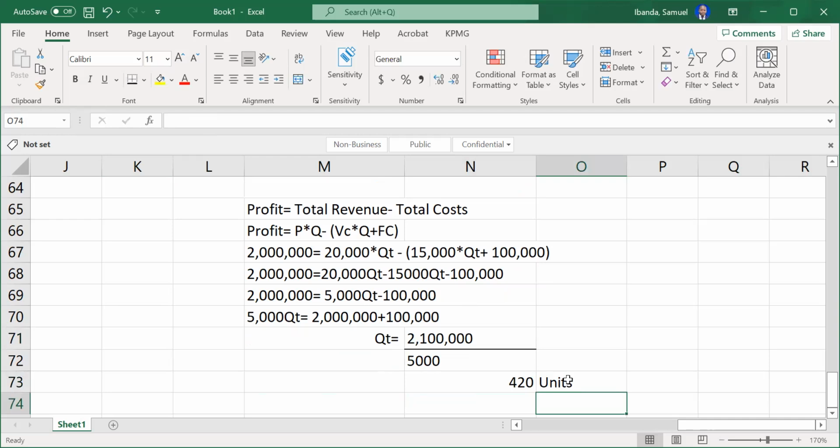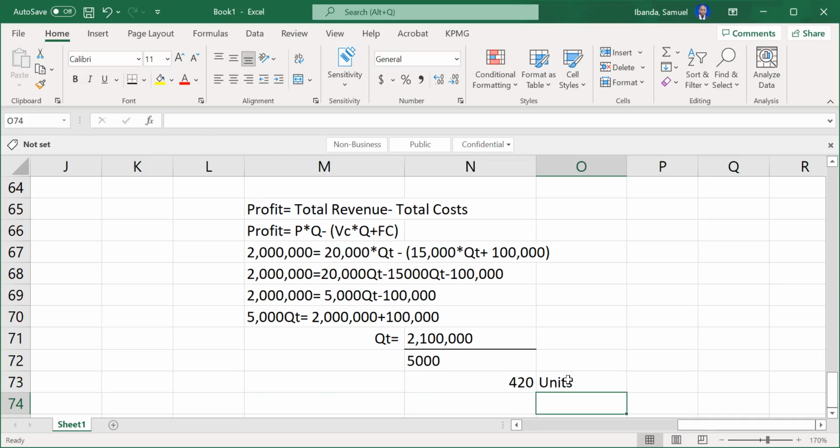So what does that 420 units represent? It represents the number of units that ABC has to sell. 420 represents the number of units that ABC has to sell if it is to make the 2 million profit.